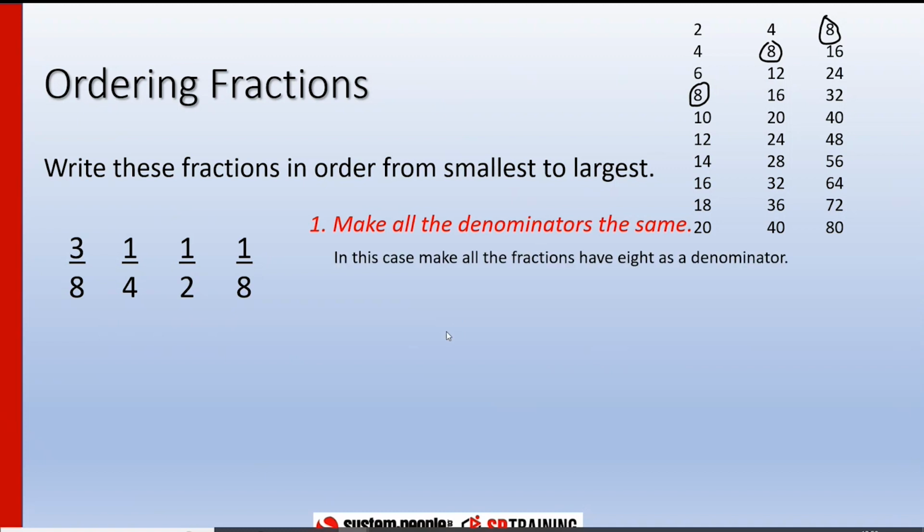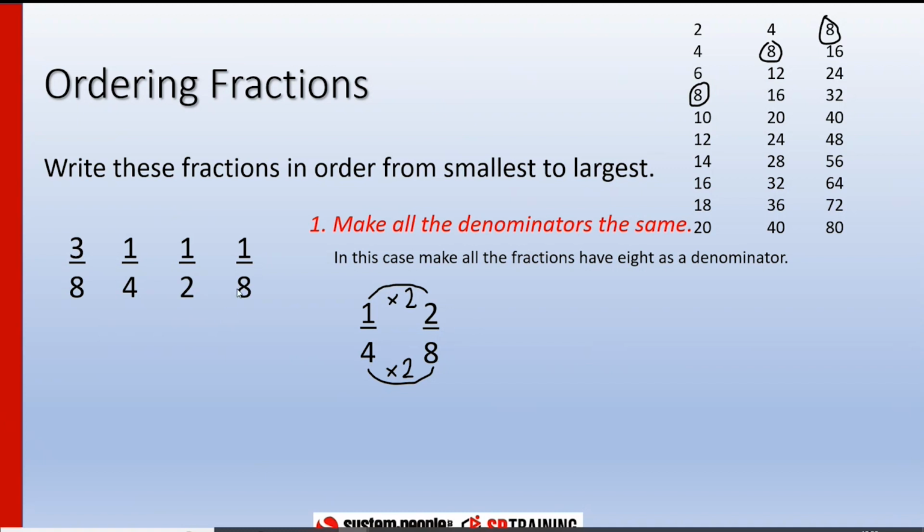Okay, so when we do that, we can then change each fraction so that it's an 8. The 3/8 and the 1/8 we don't need to worry about, but the quarter we will. Now the rule is this: whatever you do to the denominator to get to the new denominator, you've got to do to the numerator. So I've done 4 times 2, so I've got to do the same with the 1. I've got to multiply that by 2 to find that 1/4 is the same as 2/8.